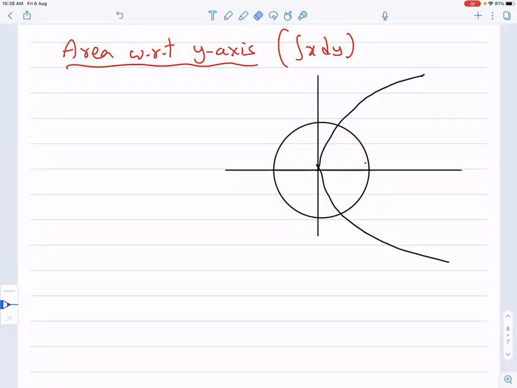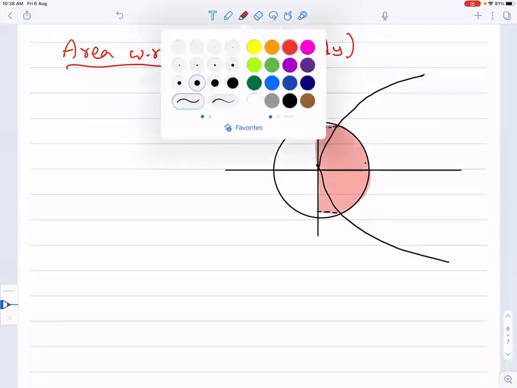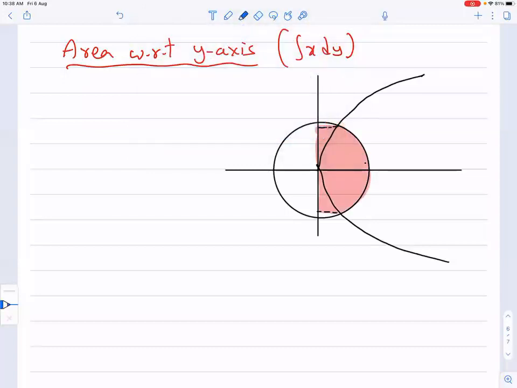You will try to find out the area under the circle, that is this entire portion. From this, you will remove this portion, the area under the parabola.